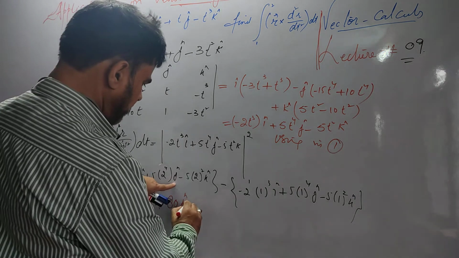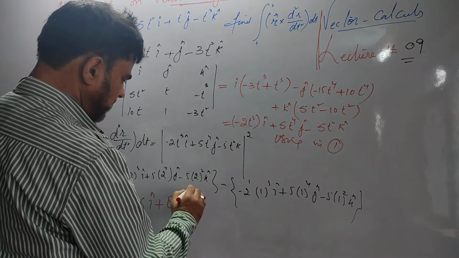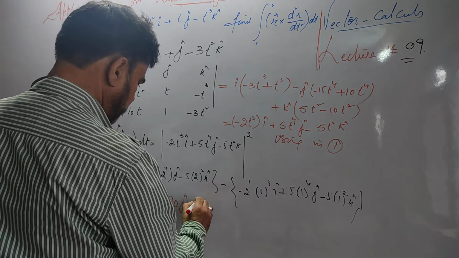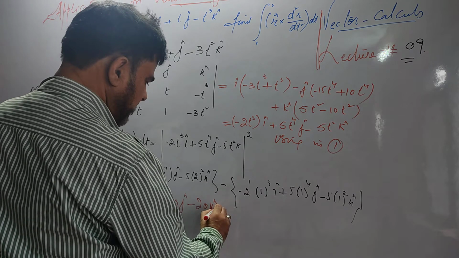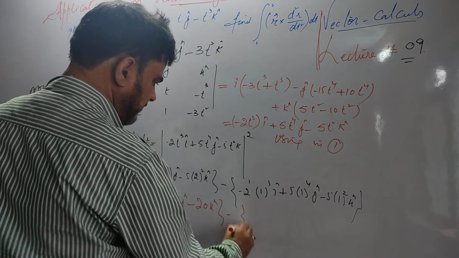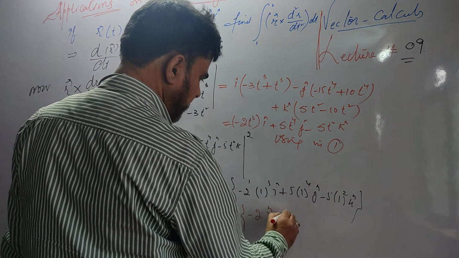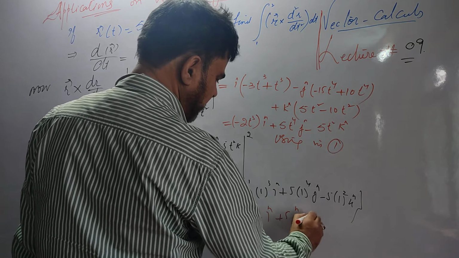Then minus 2 2s are 4, 4 5s are 20, so minus 20k. Then this is minus 2i, plus 5j, minus 5k.